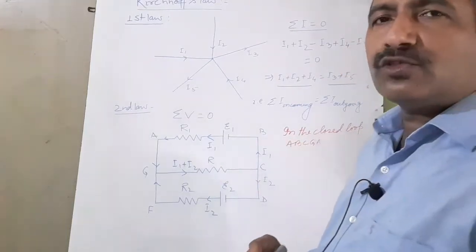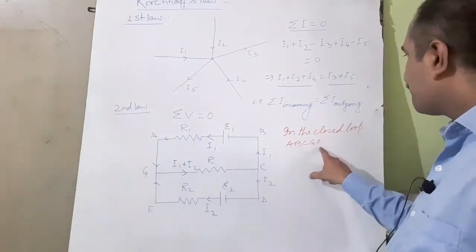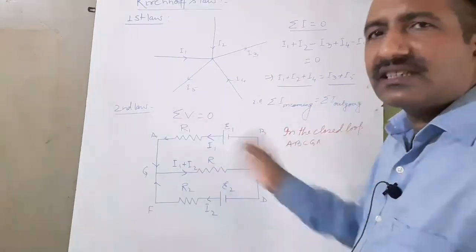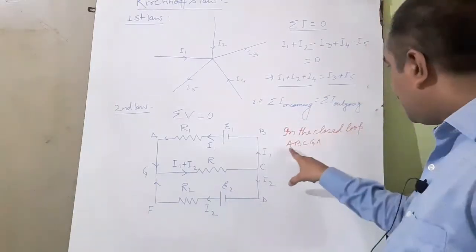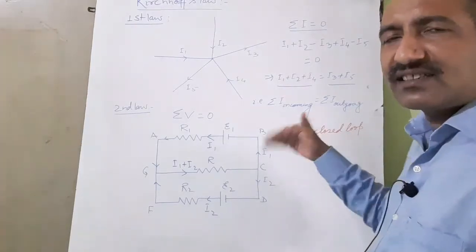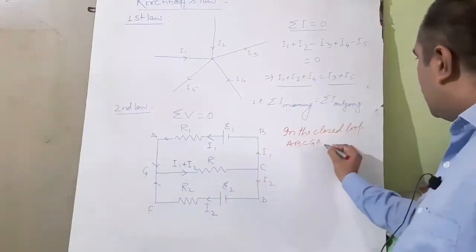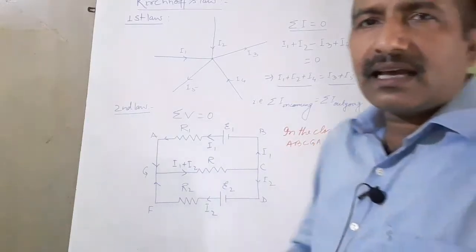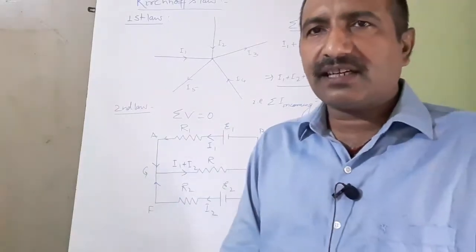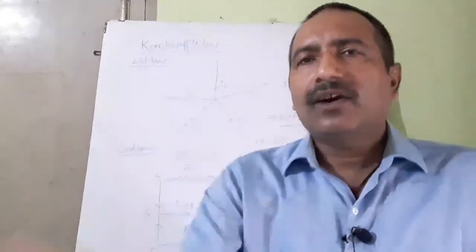Whenever you write a closed loop, you must write the last point as the point with which we start the loop. A, B, C, G and A again. It means it starts from A, it ends at A. Now again there is a convention, and the reverse of this convention can also be used. What is the convention? Let us discuss that.